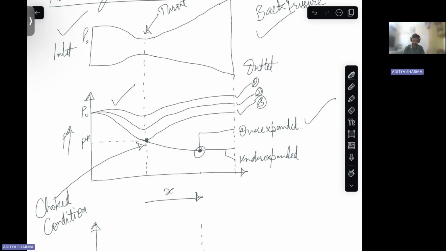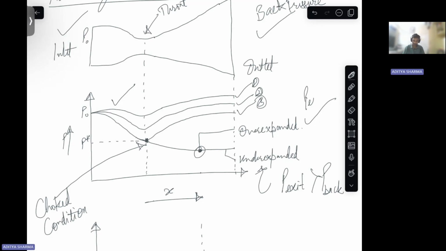In case the exit pressure is greater than the back pressure, in that case you have under expanded. So there is still probability of it expanding. Okay.